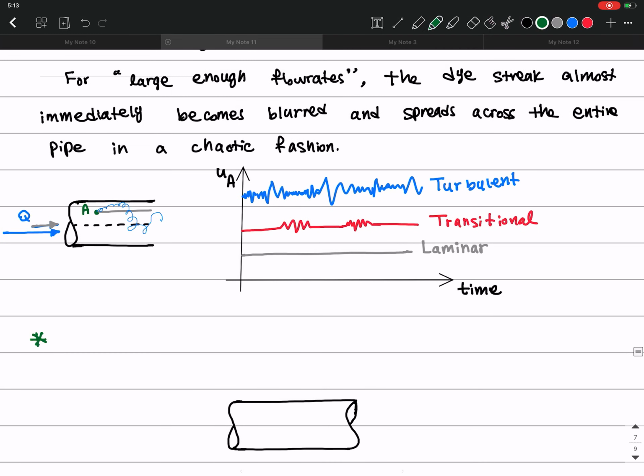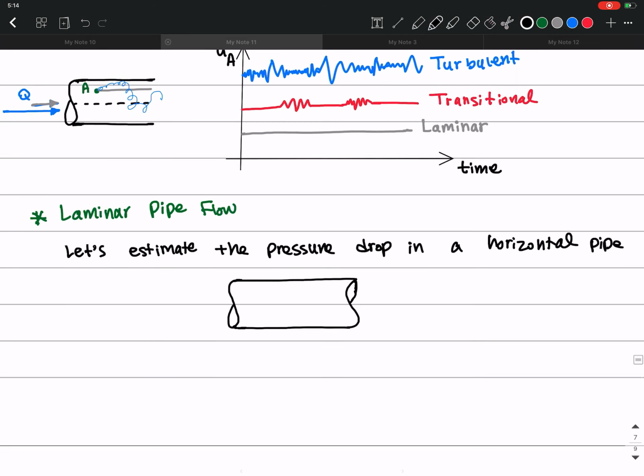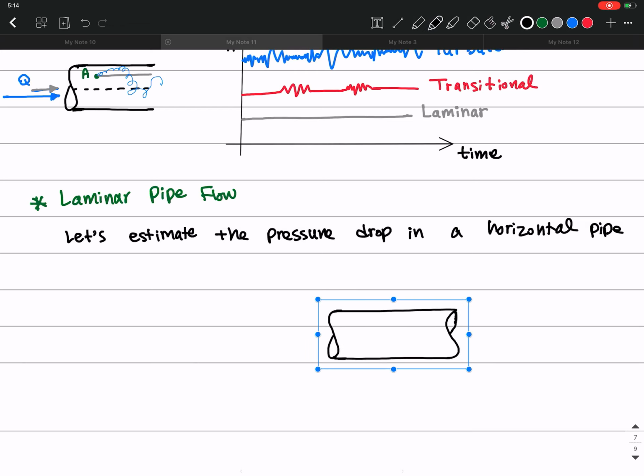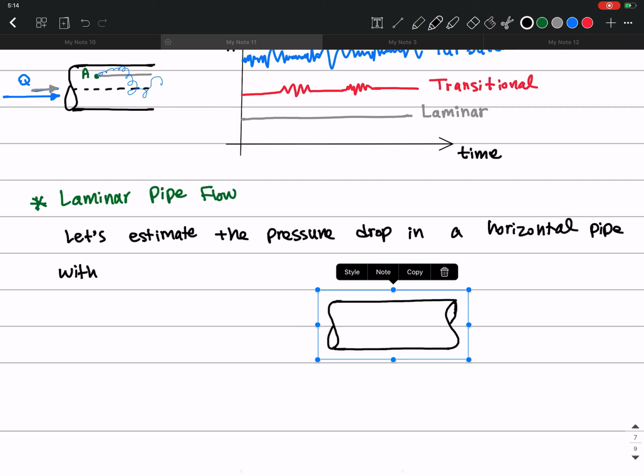So we have laminar pipe flow. Let's estimate the pressure drop in a horizontal pipe with a laminar flow.